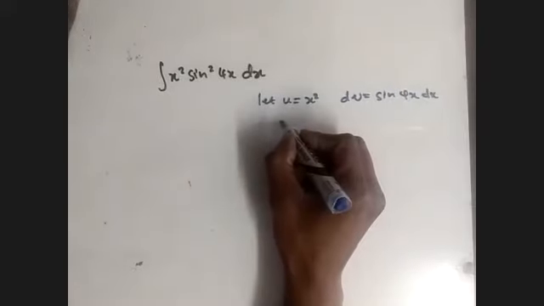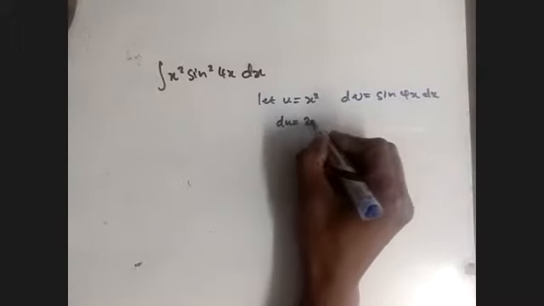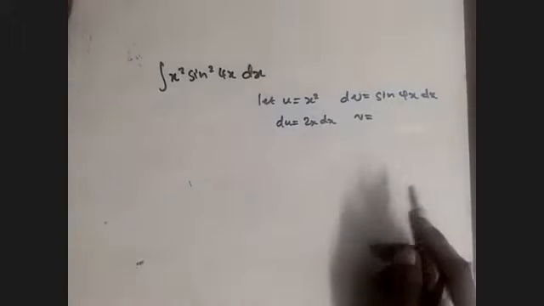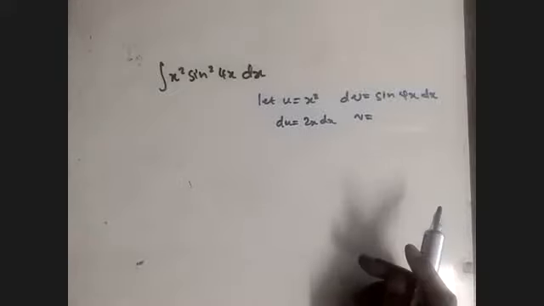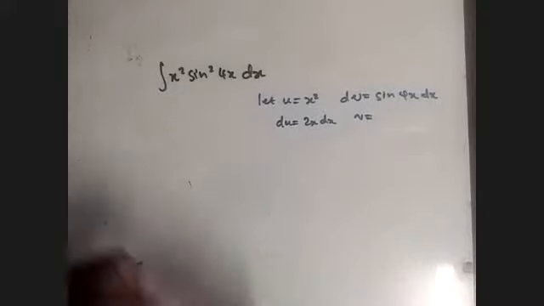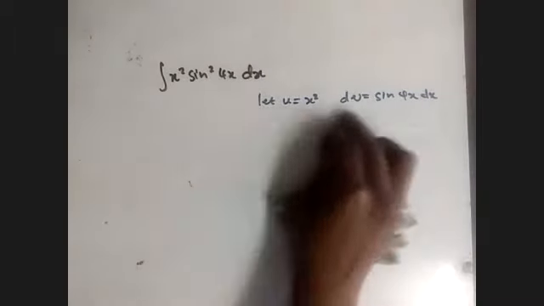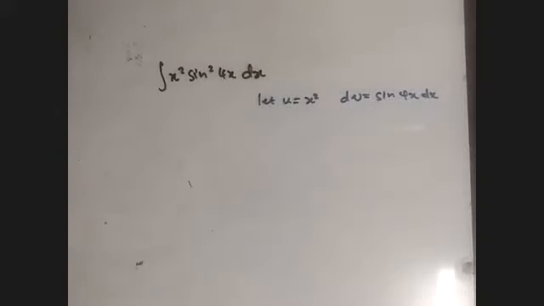So our du is equal to 2x dx, and our v becomes... actually, we don't need to do this now, because I want us to use a different method. We are going to find the final answer, but in a very different way.